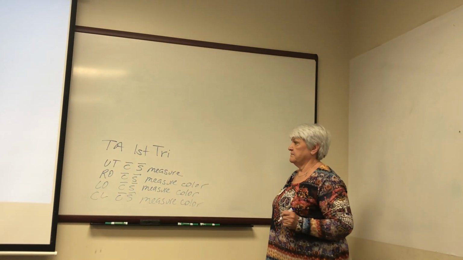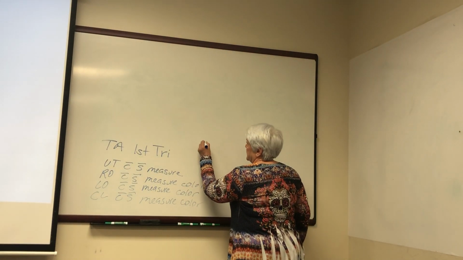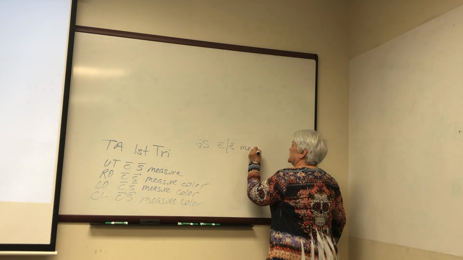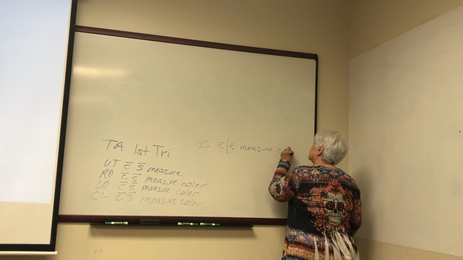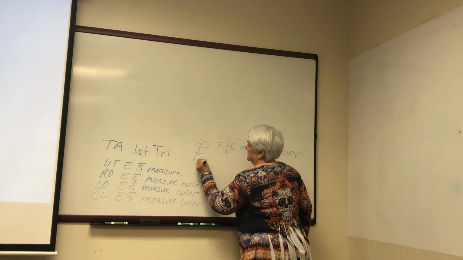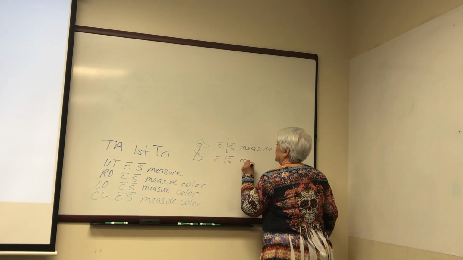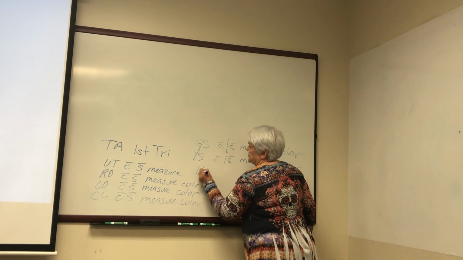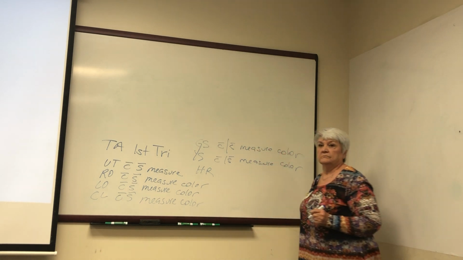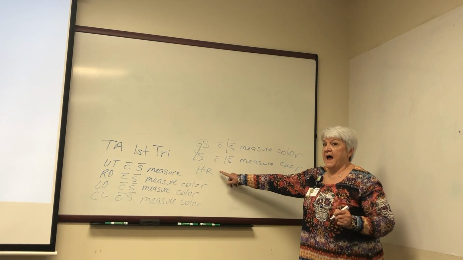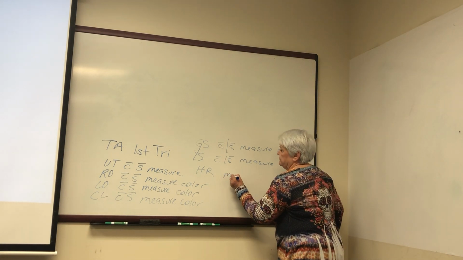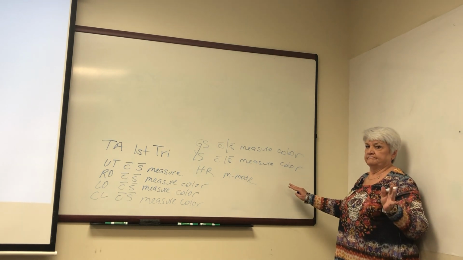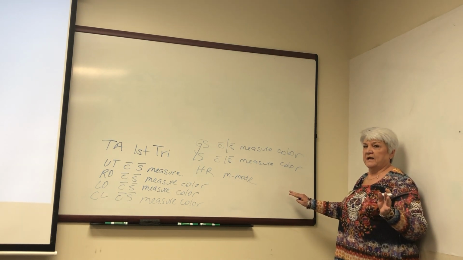Okay? With and without measure. I'm going to do gestational sac with, without measure, color. Yolk sac with, without measure, color. I'm going to do heart rate. Okay? Not power, M mode. And then I'm done. Okay?